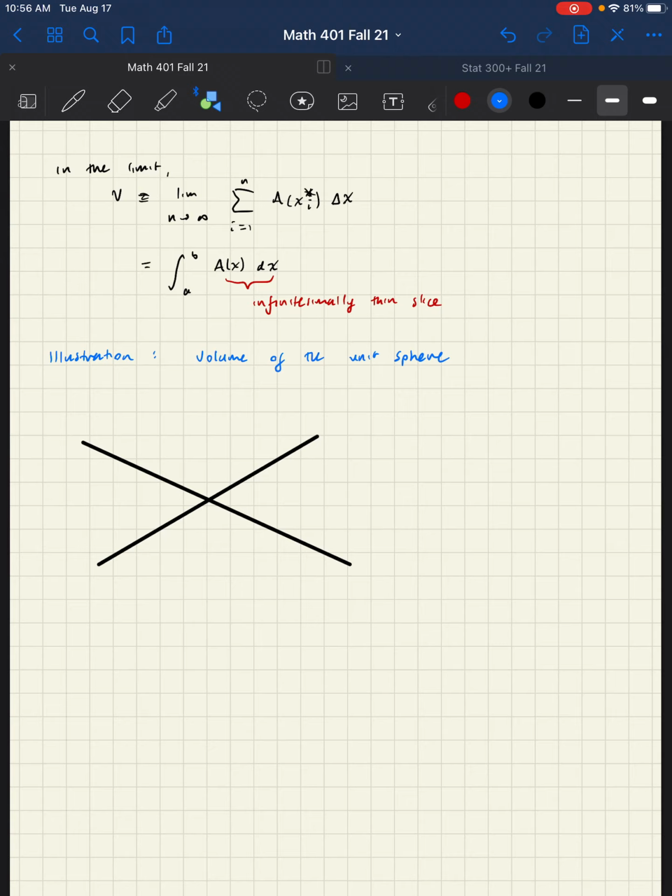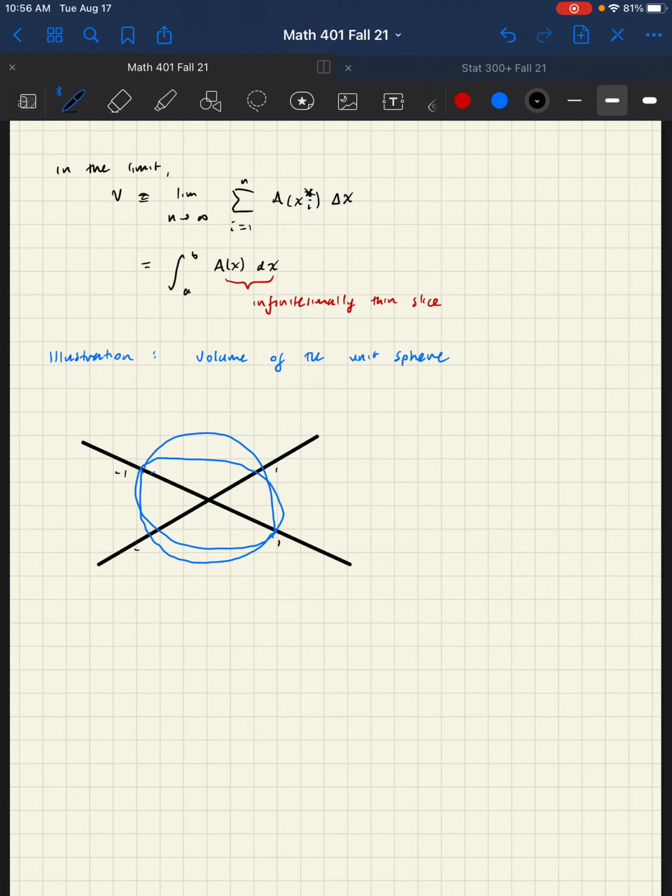I'm not going to add the third axis to avoid confusion. So it's just going to look like this. And like this. Okay, so roughly that's our sphere.